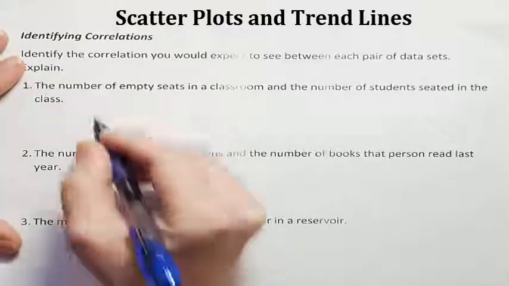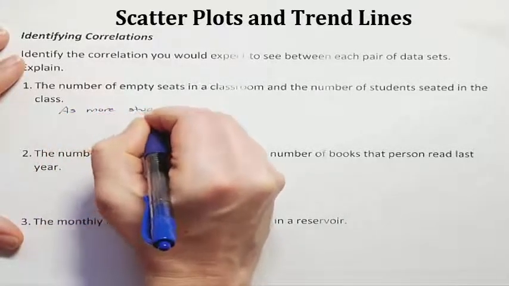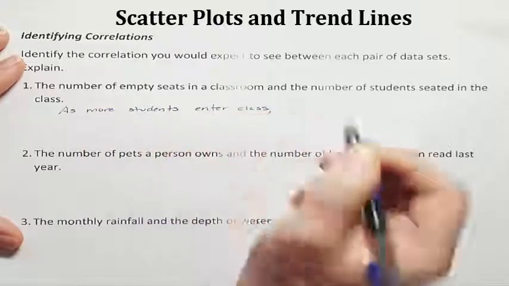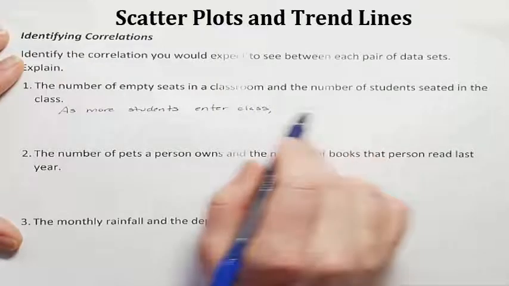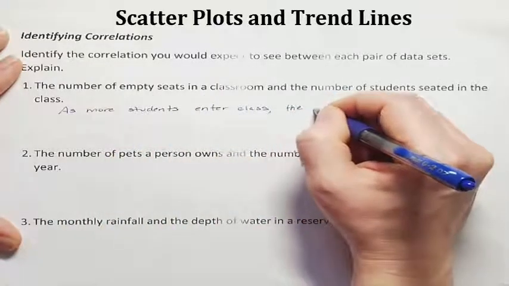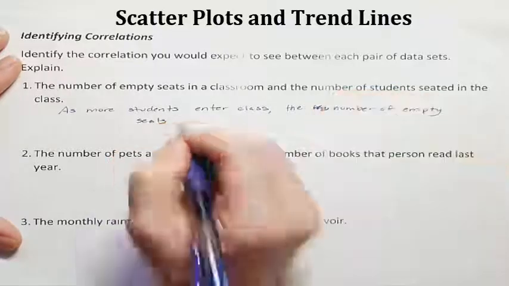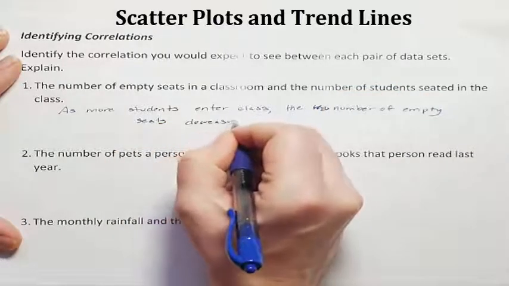so going through the story problem, as more students enter class, so when more students come in, what happens to my empty seats? The number of empty seats, I run out. They're going down. So the number of empty seats decreases.